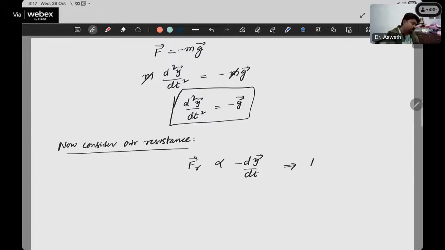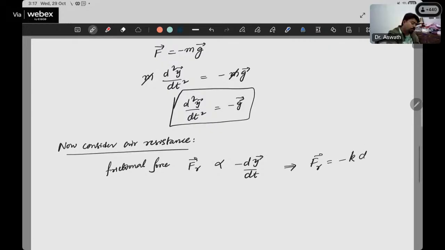So the explicit value of the frictional force is equal to some constant k times dy/dt. This is the frictional force for you.